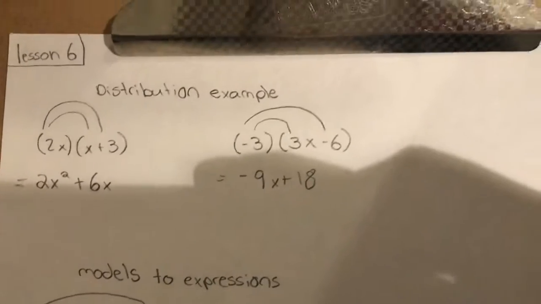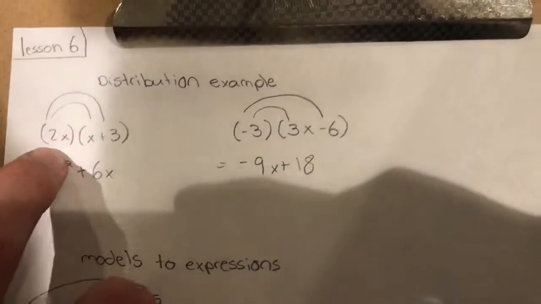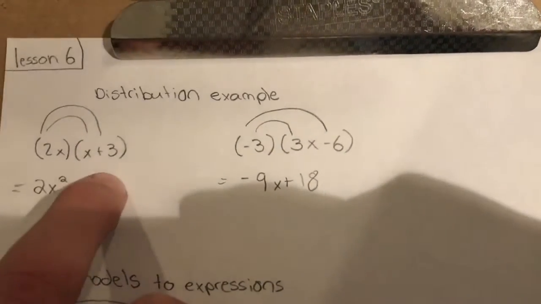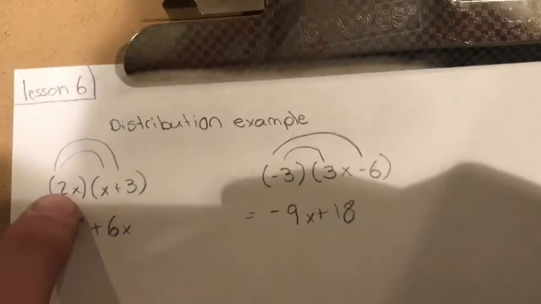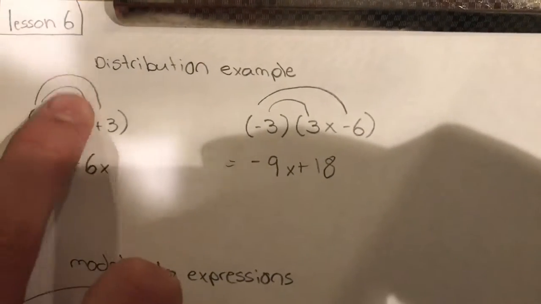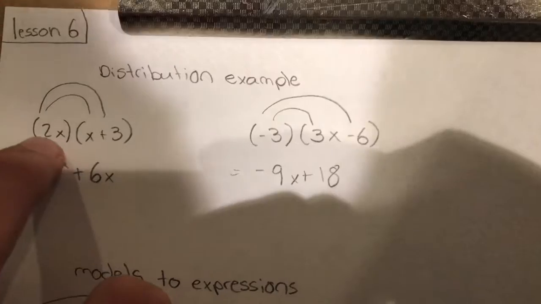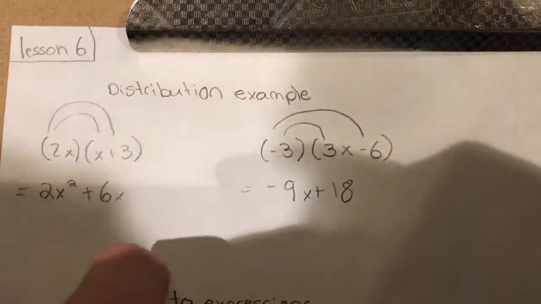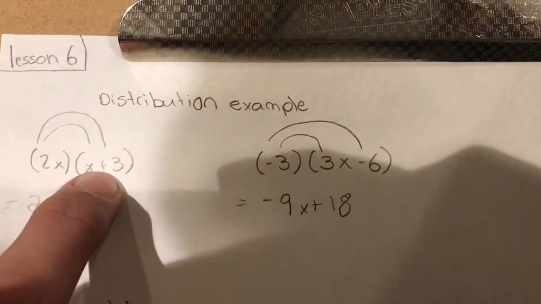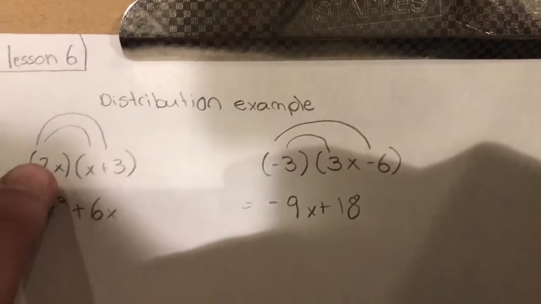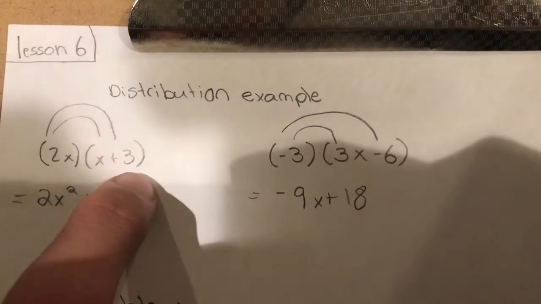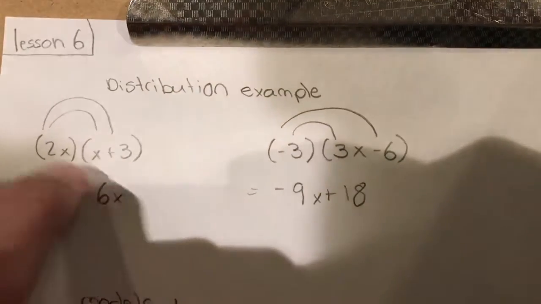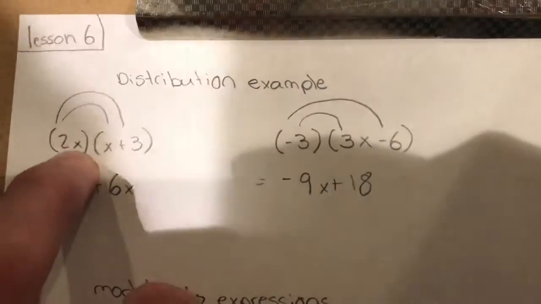In lesson 6, we learned how to do distribution. So I have 2 examples, and in the first one, we have 2x times x plus 3. So that would be 2x times x, and it'd be 2x squared, since we have 2 variables. And then it has an addition sign, so then we do 2x times 3, and it's 6x, because there's an x with the 2.